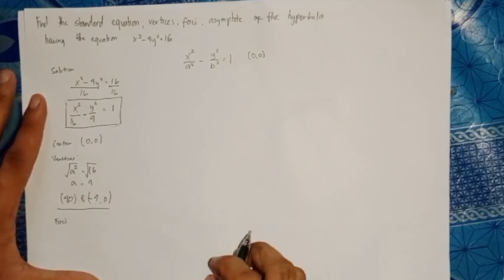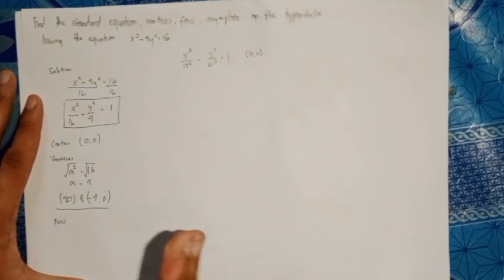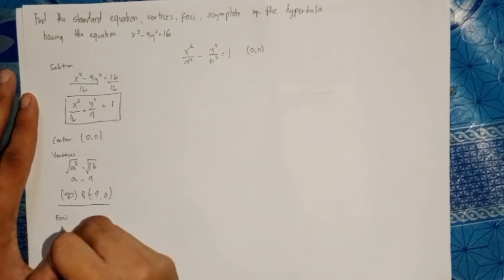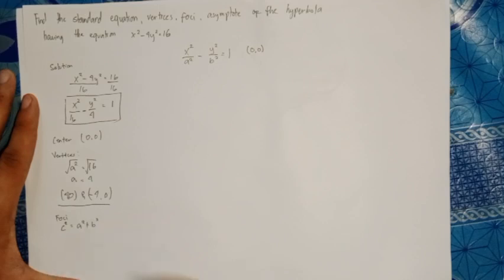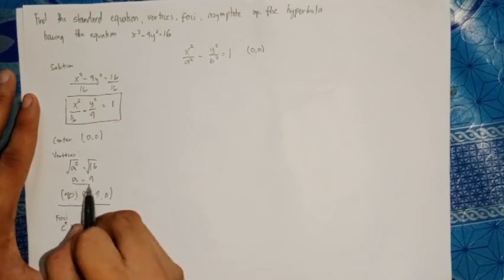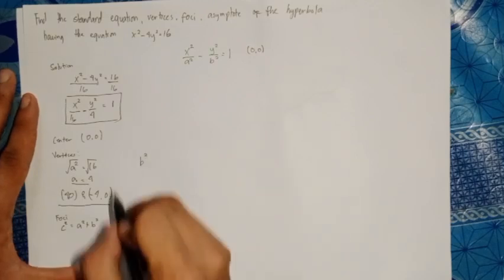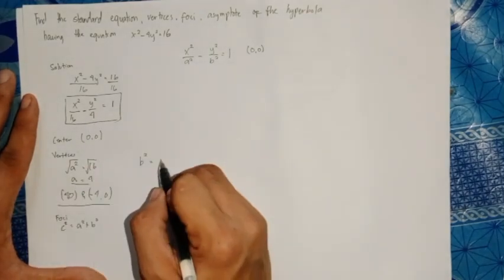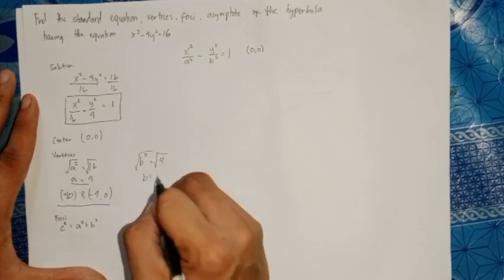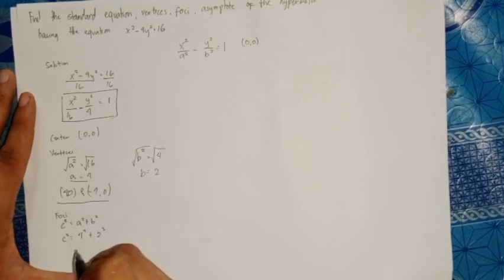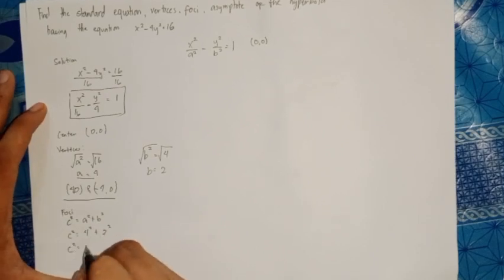Next, we will find the foci. Remember that the distance from the center to the foci is denoted as c. To find c, we will use the formula c squared is equal to a squared plus b squared. We have a, but we don't have b, so we will find b first. Since b squared is 4, the value of b is 2. So c squared is equal to 4 squared plus 2 squared. 4 times 4 is 16, plus 2 times 2, which is 4.